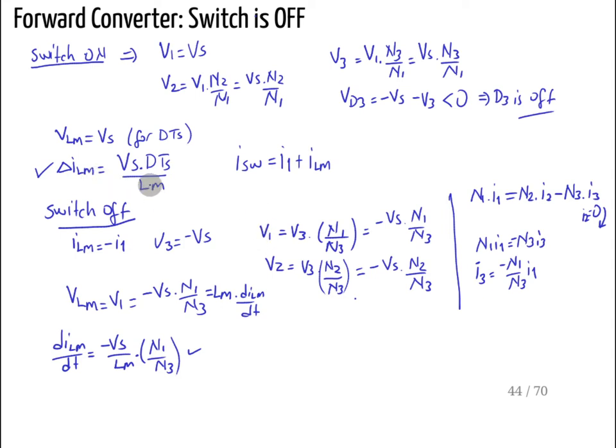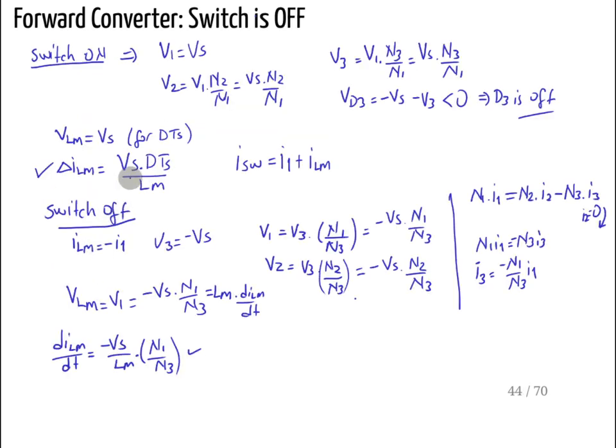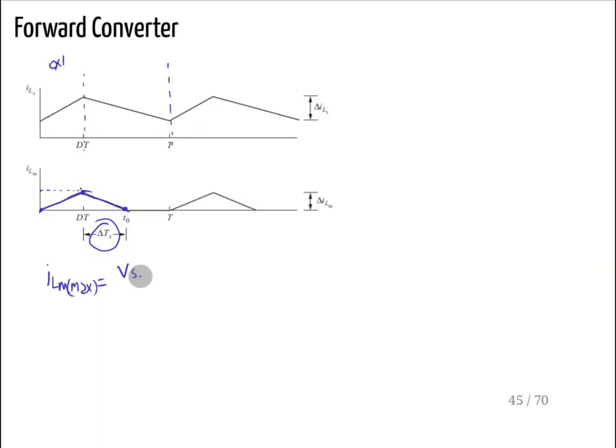If it is starting from 0, then the maximum current here, ILm max, will be equal to Vs times dTs divided by Lm, and that delta Tx period should be smaller than 1 minus dTs.